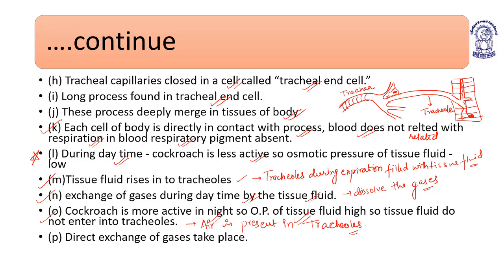That is, in daytime the tissue fluid displaces the air, and during night time the air displaces the tissue fluid. During daytime the osmotic pressure is low. During night time the osmotic pressure is high. Understood? Direct exchange of gases takes place.